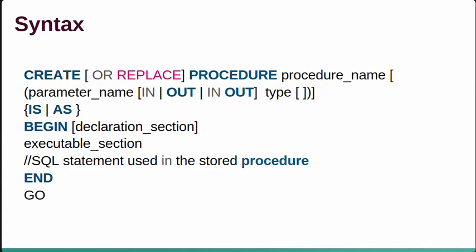We usually use return statements whenever we are using Java or C++. Here we have to use go. Before going to the example of the procedure, we will discuss the parameters in the syntax part.